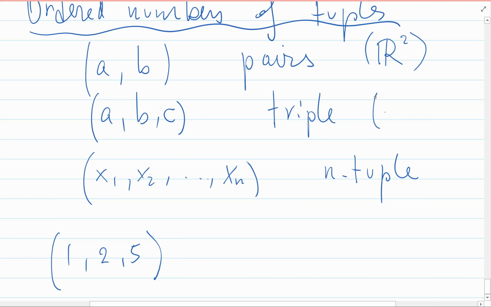So when we put an order, remember, R2 gives the coordinates of a point in the plane, ABC is the coordinates of a point in space, etc. Thank you, and wait for the next one about how to solve the system.